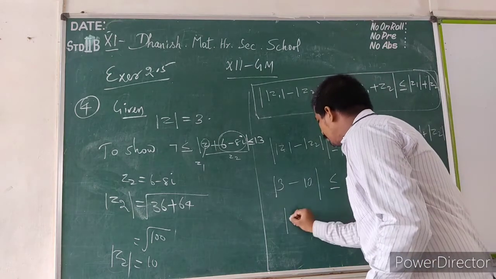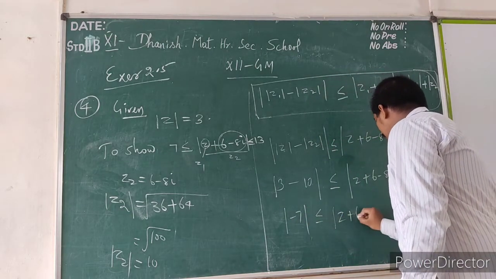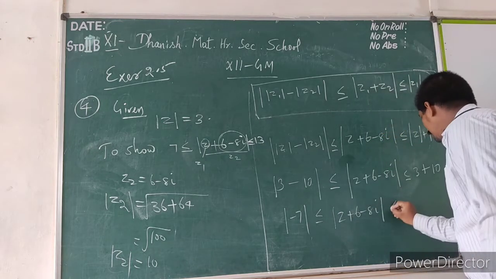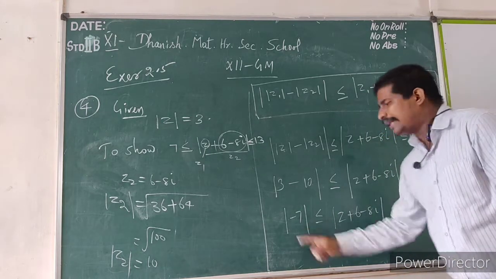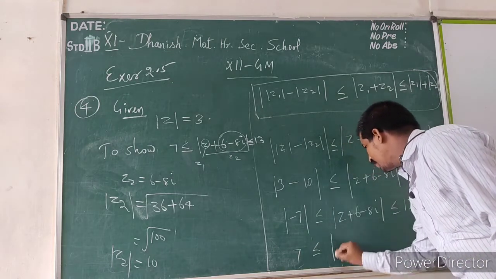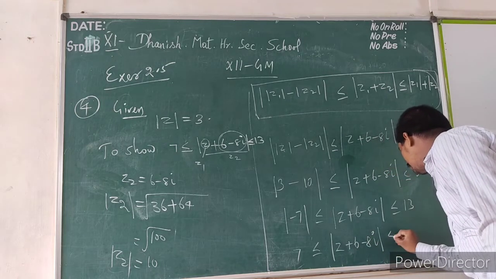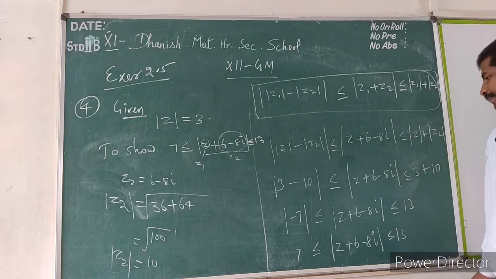Now this gives minus 7 less than or equal to modulus z plus 6 minus 8i, less than or equal to 13. The modulus of minus 7 is plus 7. So 7 is less than or equal to modulus z plus 6 minus 8i, less than or equal to 13.